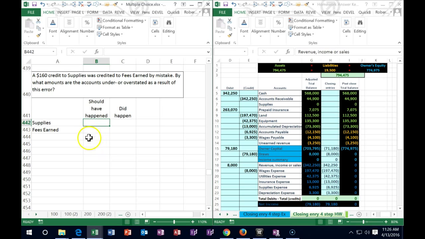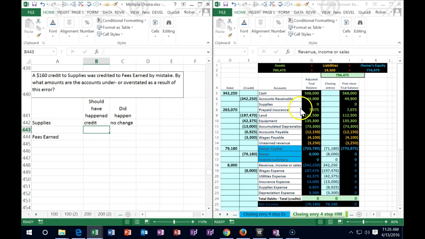That's one way we can change the headers if we need to. So first, supplies. They say we had 160 credit to supplies was credited to fees earned. So what are they saying then? They're saying that supplies should have been credited, and it wasn't credited. So supplies should have been credited, and so I can even say it should have been credit, and then what did happen? No change. And then we can think about, well, what would that have done? What would have happened if we credited supplies?